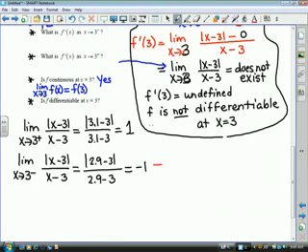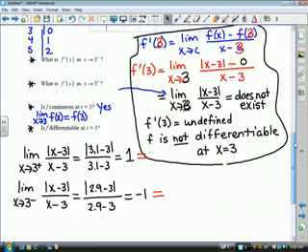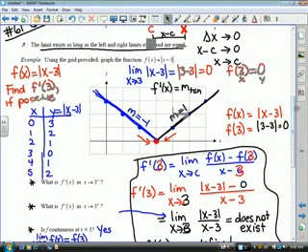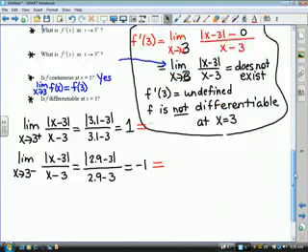See what this is equal to right here? Those numbers were the slopes up there, weren't they? The alternate definition of the derivative tells us that. Those are the slopes.